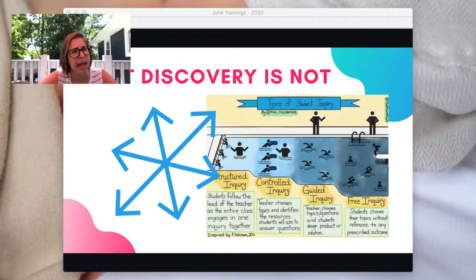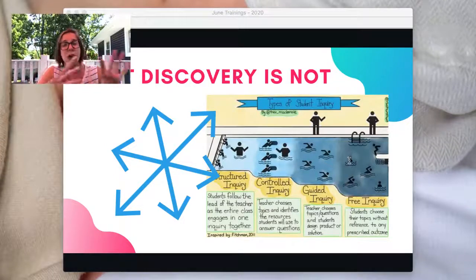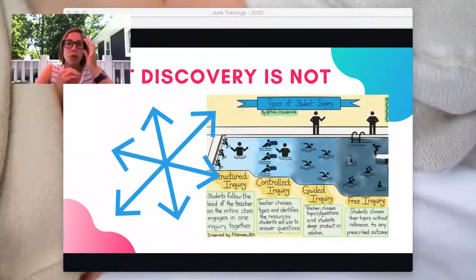That's not what's really happening in our science classes day-to-day either, because if we had super motivated students that want to research and discover everything themselves, hey, that would be cool. We also live in the real world where we have expectations and objectives and things to meet. So that's not what discovery is either. It's not just free inquiry. That's what discovery is not. So you have your goals, you have the outcomes you want your students to reach.